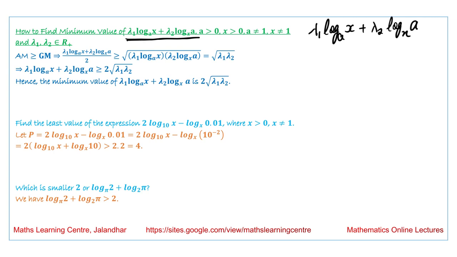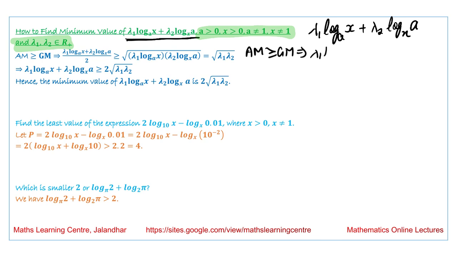If we have an expression in this form and we want to calculate the maximum value, these conditions are given: a is greater than 0, x is greater than 0, a and x cannot be equal to 1, and lambda 1, lambda 2 are positive real numbers. Then to find the value, we use the arithmetic geometric inequality.